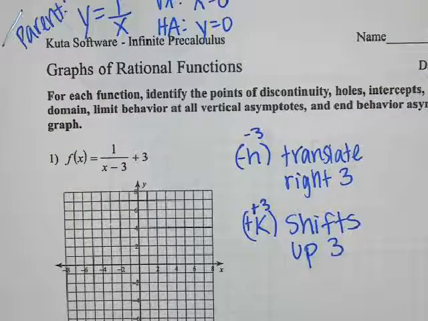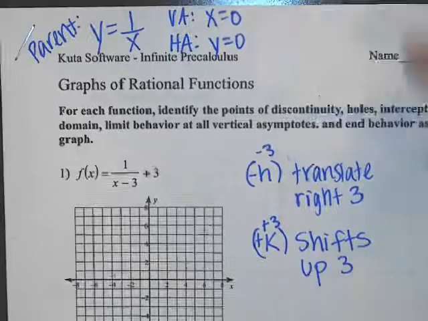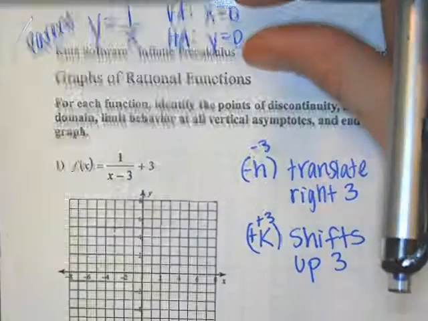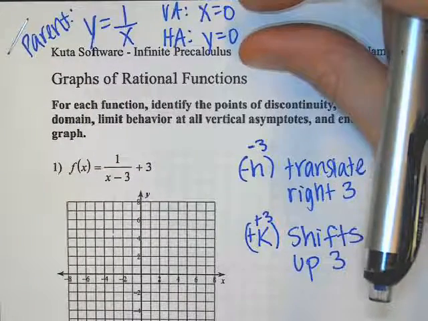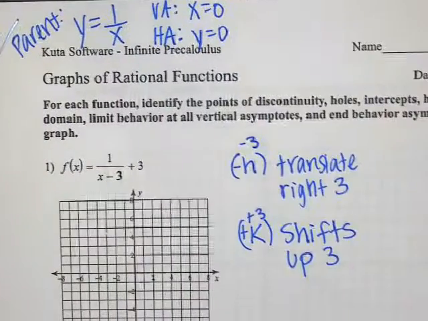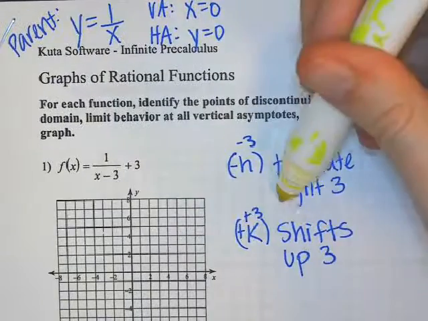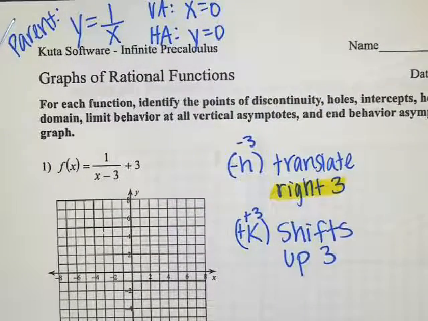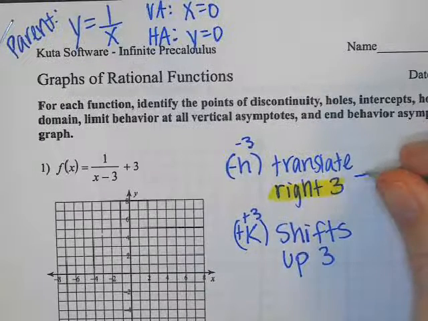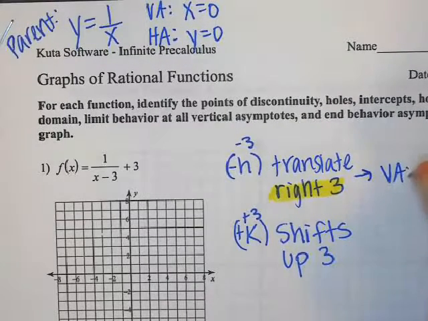Based off of these transformations, are they going to move the asymptotes or will they still be at 0? Are they both going to move? Yes. So based off of this direction, it says that we went right 3. Is going right your Y value or your X value? X, which means our new vertical asymptote will be X equals 3.